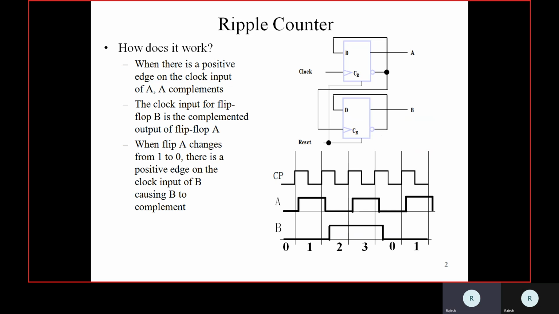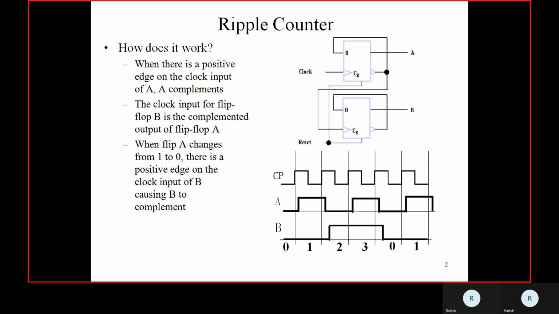If you see the point, the clock input for flip-flop B is nothing but the complemented output of flip-flop A. The output of flip-flop A is capital A, but we are connecting A bar as clock to the next stage.